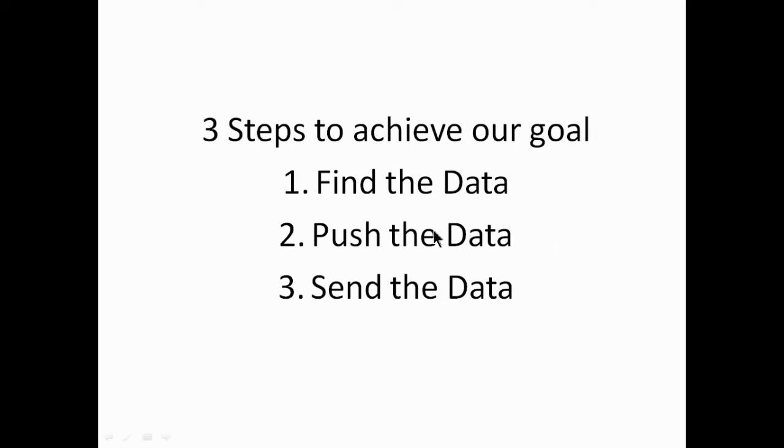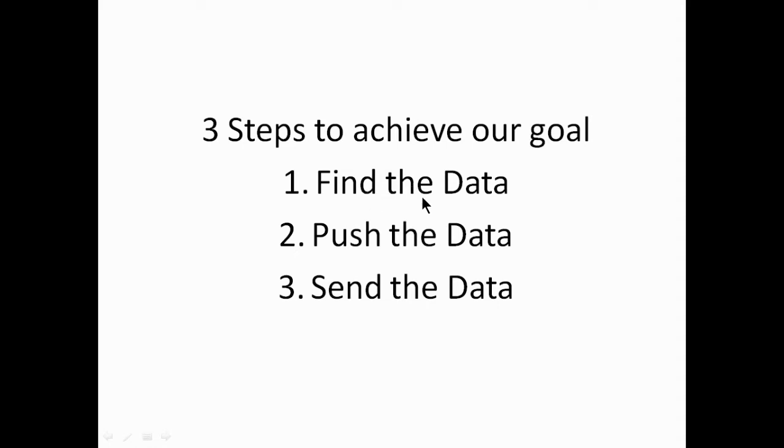Then we push the data through the data layer, and then the final data is sent to Google Analytics for report generation. Sometimes the finding step and the pushing step are done by the coder itself, so you just need to send data to Google Analytics. Steps one and two are done by the developer of your team.